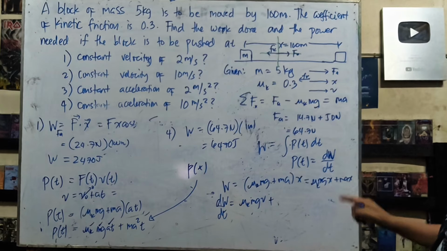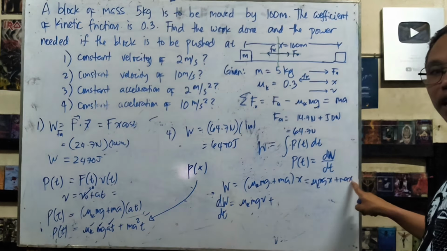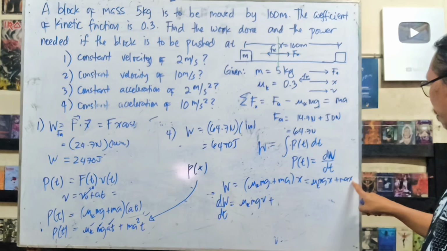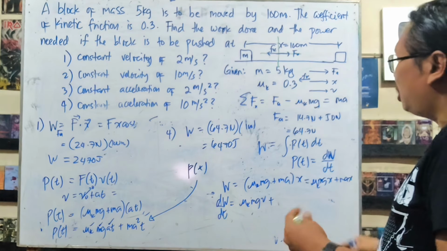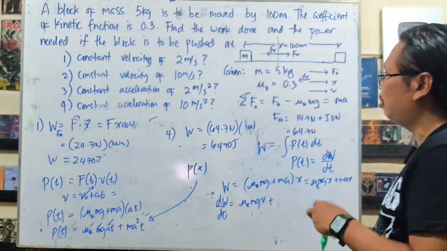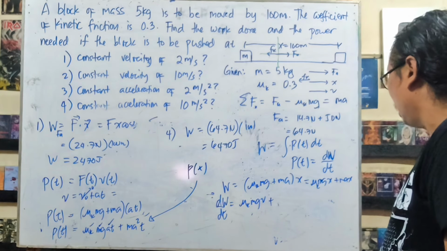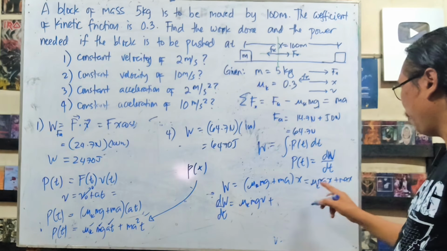Plus, this has two time-dependent variables, a and x. Because x is time-dependent and a is time-dependent. X always depends on time, actually. So, anyway, take the derivative of this.